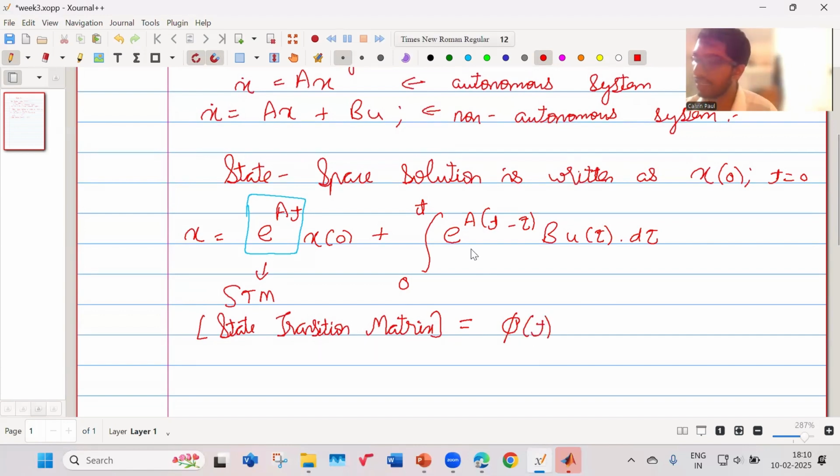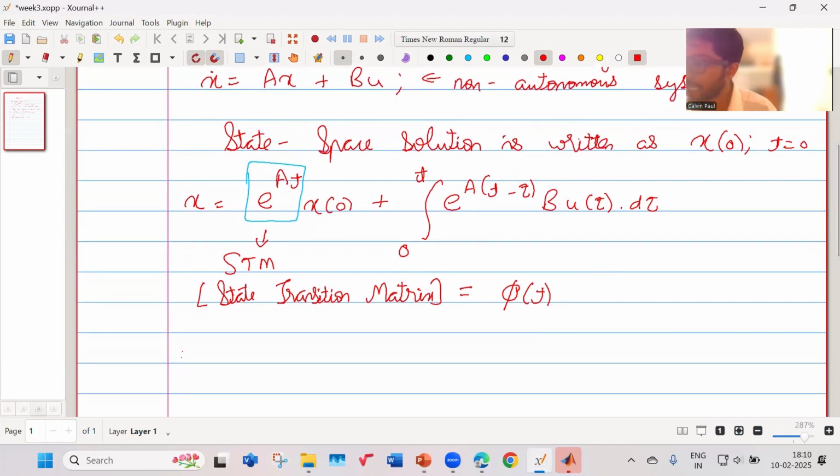And if you observe, it is represented here as well. So x of t is equal to phi of t into x of 0, plus the integral from 0 to t of phi of (t minus tau) into B u of tau into d tau.